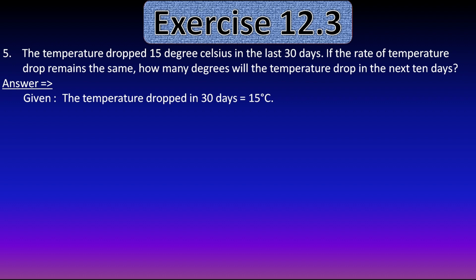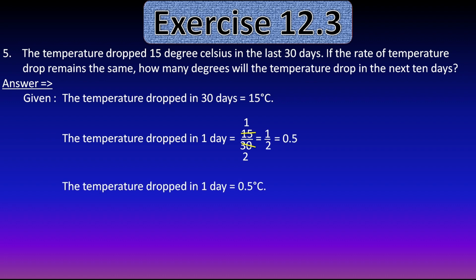So for one day we can find out by dividing 15 by 30. So here 15 ones are 15 and 15 twos are 30, which is equal to 1 upon 2, can be written as 0.5 degrees centigrade. Okay, in one day the temperature dropped by 0.5 degrees centigrade.